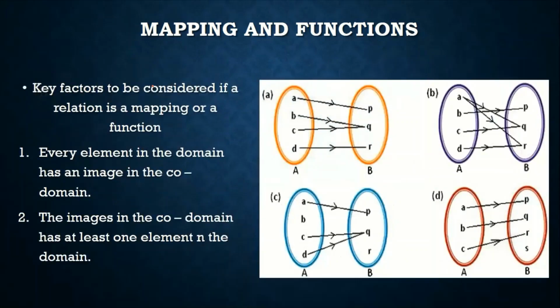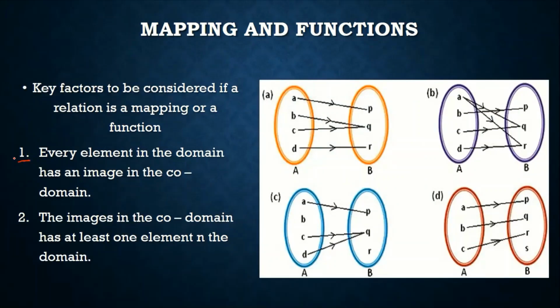Now let's look at key factors to be considered if a relation is a mapping or a function. A relation can either be a mapping, or a function, or both. Let's look at some of these key factors. We are going to be looking at some examples which should give us a clearer picture.